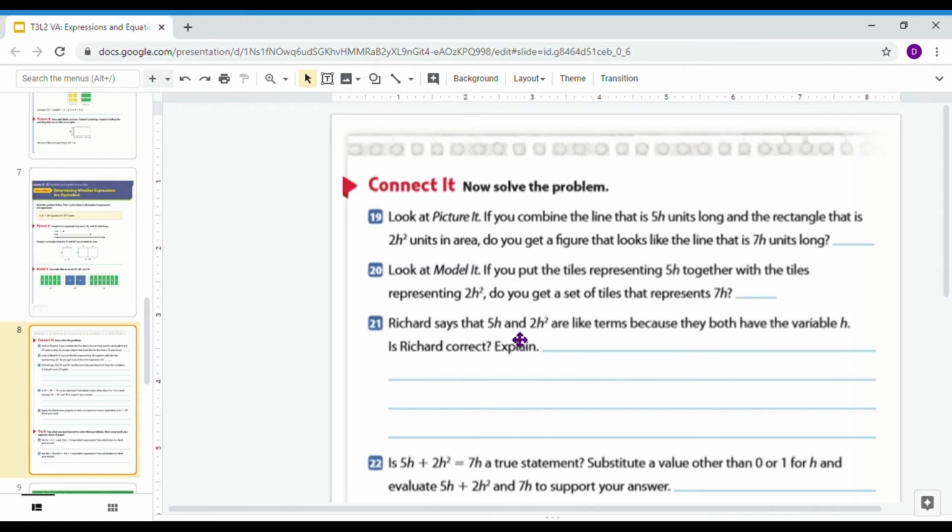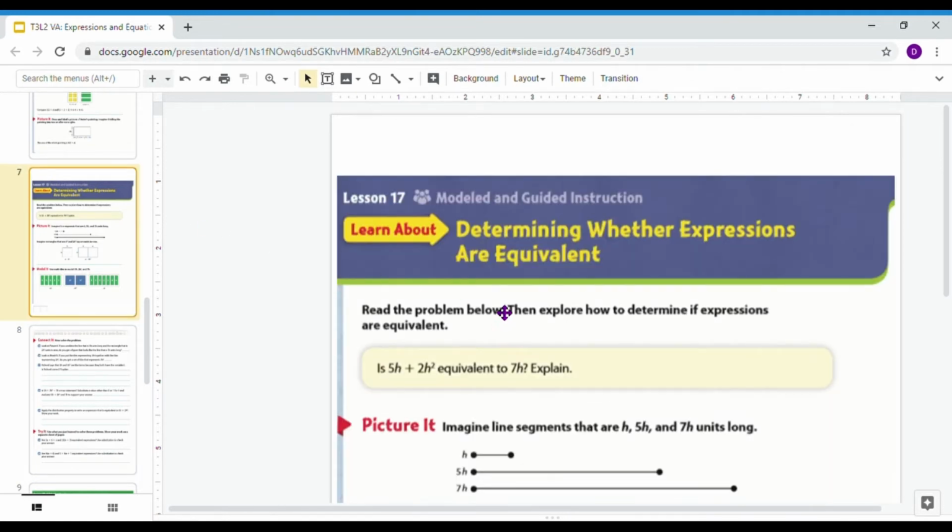So it says, look at the picture it. If you combine the line that is 5h units long and the rectangle that is 2h squared units in area, do you get a figure that looks like the line that is 7h units long? So right now we're simply looking at, does it even look right?